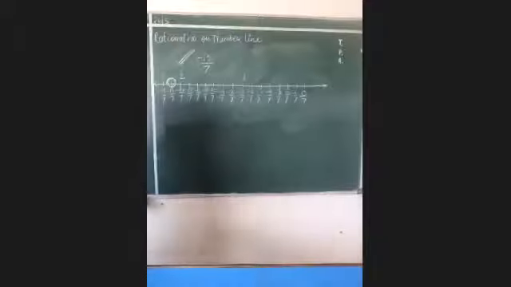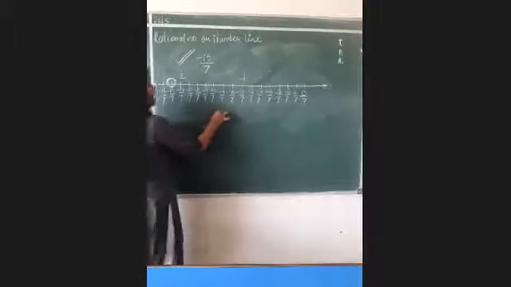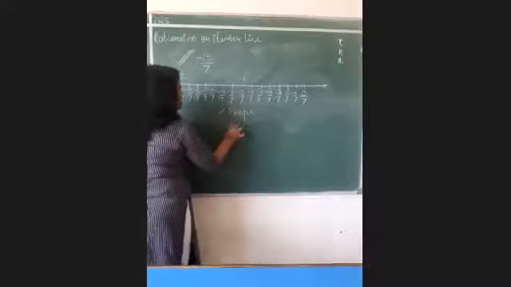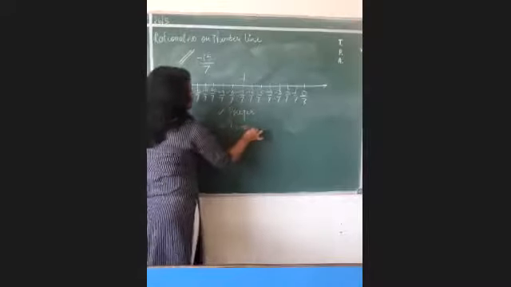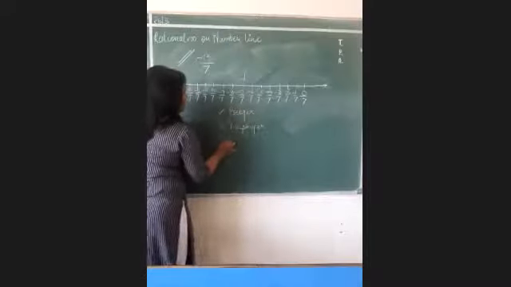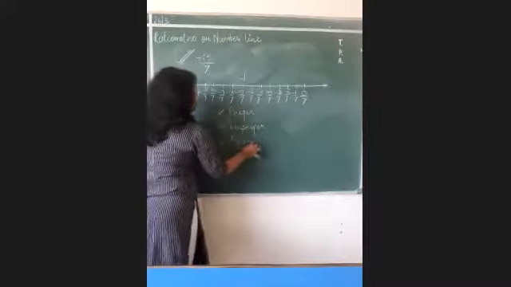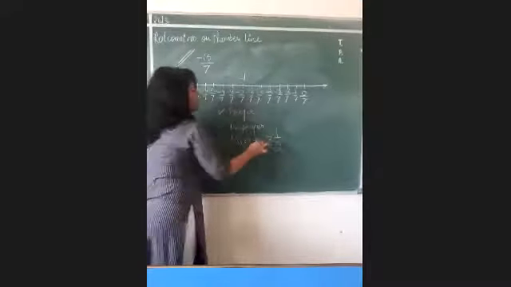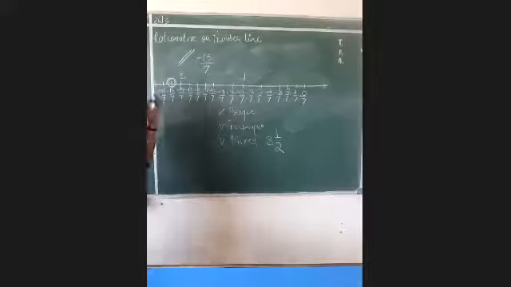Now listen. As you all know, we have completed proper. We have completed improper. And the last condition is mixed. When the question is in mixed form, suppose there is a question like 3 whole 1/2 and you have to represent this on a number line.